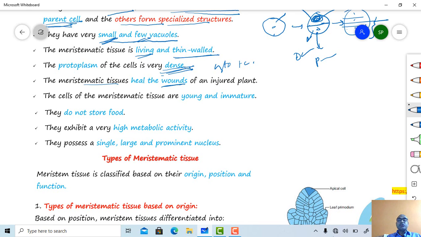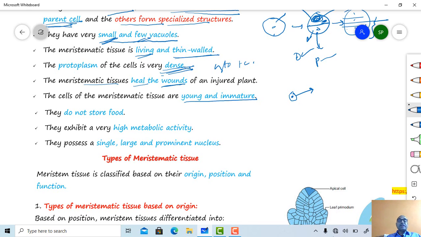Cells of the meristematic tissues are young and immature. Of course, these cells are divisible cells and they maintain their uniqueness, as when these cells divide, one cell remains as a parent cell.